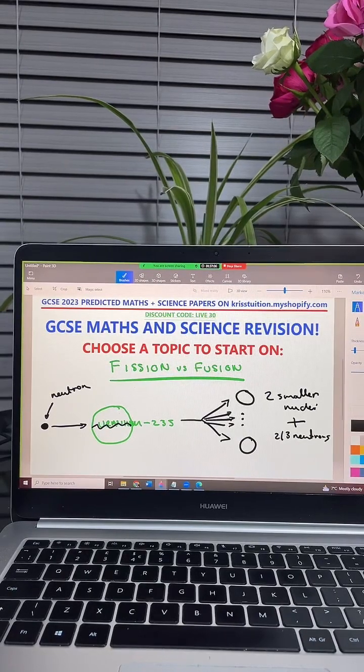These 2 or 3 neutrons will then carry on breaking down these nuclei. They'll be fired at these nuclei, and break those down into 2 smaller nuclei, and this continues. Every time one of those breaks happens, where one larger nucleus is broken down into smaller nuclei, a whole lot of energy is released.